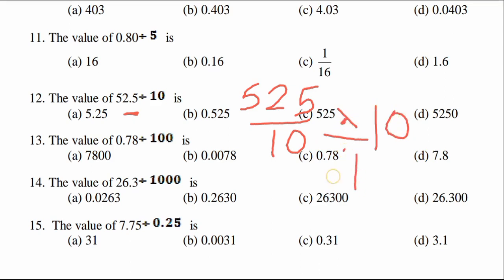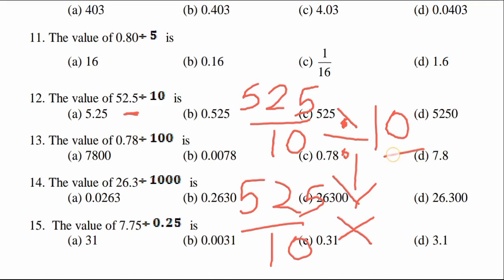Here we have to convert into multiplication. This division sign will be converted into a multiplication sign, and for that we have to take the reciprocal of 10, and the reciprocal of 10 is 1 upon 10.